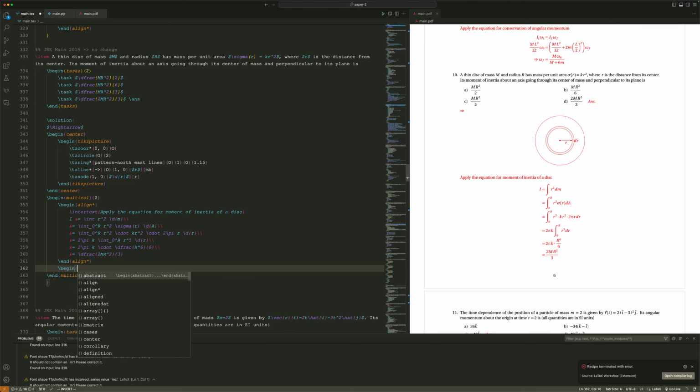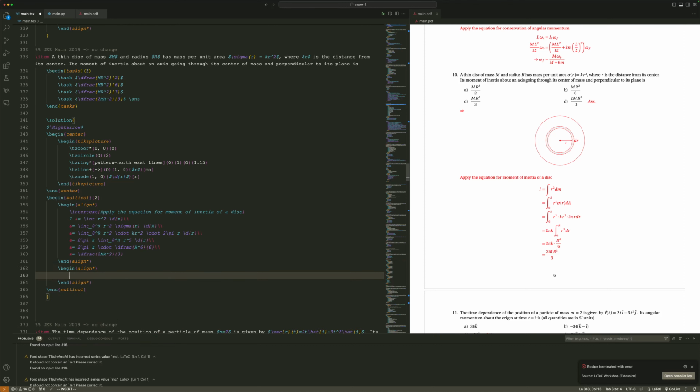So begin align, and we are gonna solve mass, right? So M should be like this, sigma dA, yes.